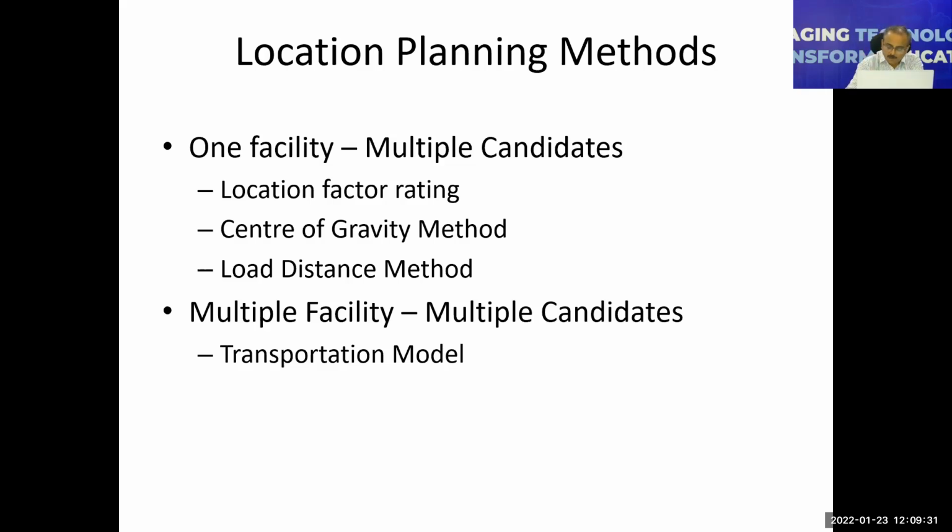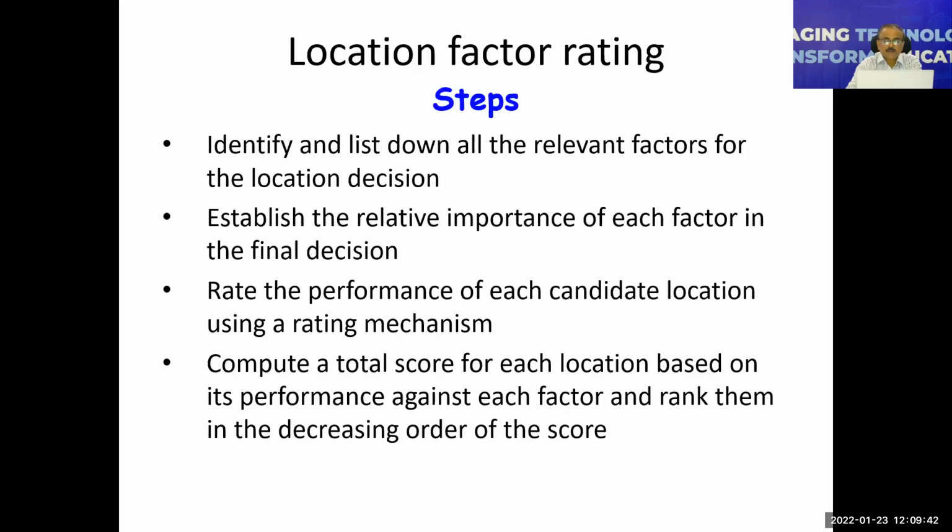So whenever we are looking at such a location planning problem, we can use a number of techniques. Of course, these are some of the techniques which we are going to discuss. We will first look at one such technique that we call the factor rating method, or locating the facility based on the number of factors involved.